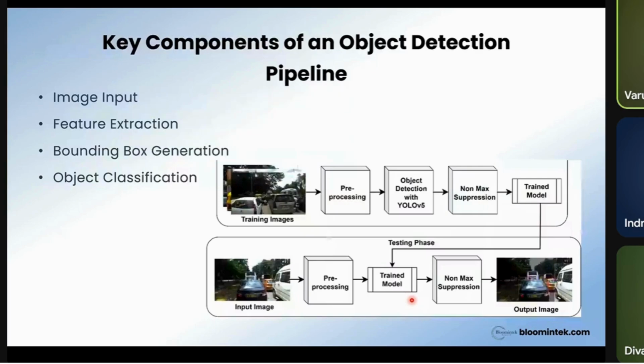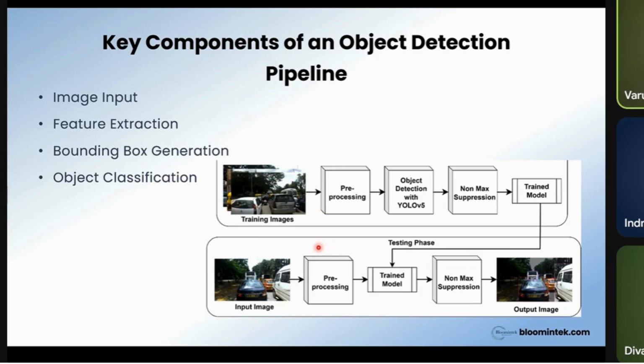So moving on, what are the key components of an object detection pipeline? Image input, feature extraction, bounding box generation, and object classification are the primary components of the object detection pipeline. Now let me walk you through the step by step process of how this pipeline works. Here's what happens under the hood of most object detection systems. Step one, the image is taken as the input.